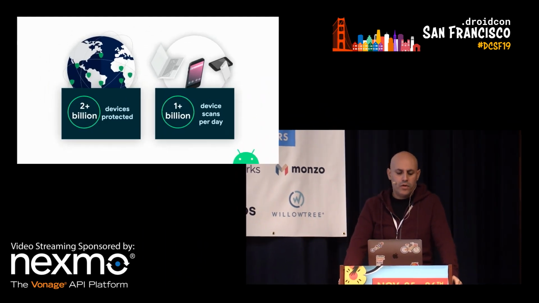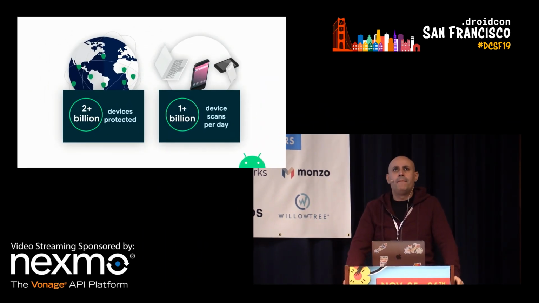What is the scale of what we are talking about in terms of malware, mobile unwanted software, and vulnerabilities that I will introduce later today? This is the scale: 2+ billion devices, as you've heard today, in terms of the scale of the ecosystem. And in terms of the scanning that we do today for malware through Google Play Protect, it is more than 1 billion device scans per day. Why are we scanning devices and applications over and over?